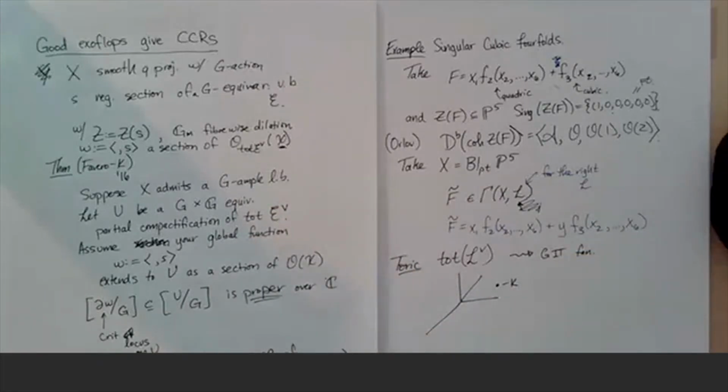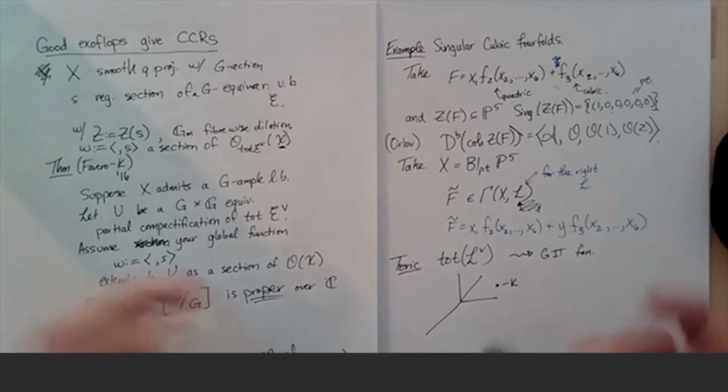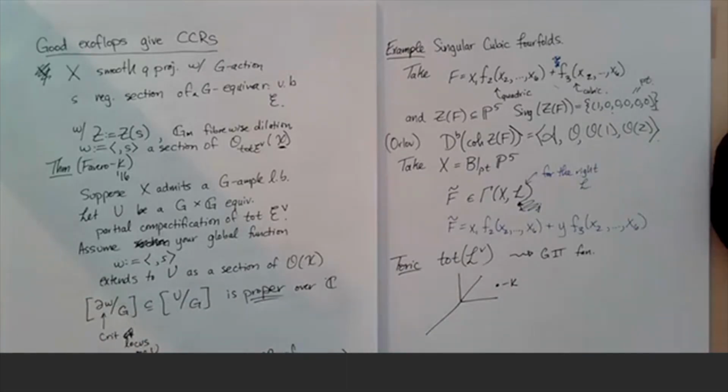And the way it works is that as you go from chamber to chamber in the GIT fan, you get fully faithful functors of the matrix factorizations going between them. And this is what physicists call flowing to the infrared. I don't know what that means at all, but I have gotten an email saying that that is what it means. So let's fill out the picture of this GIT and say what each of these things looks like.